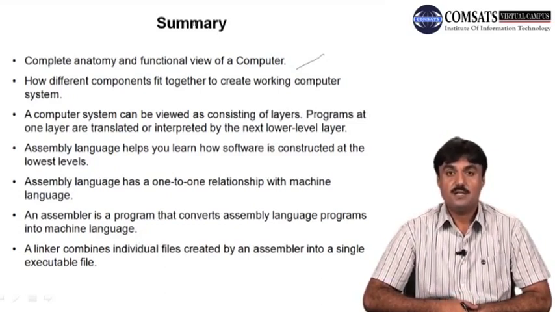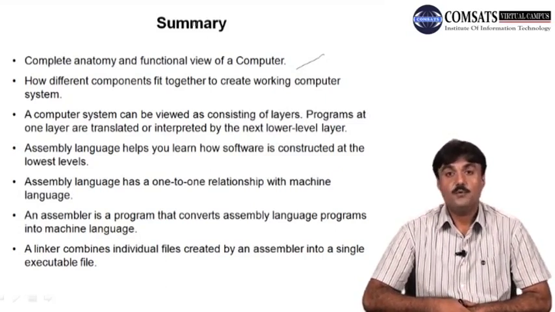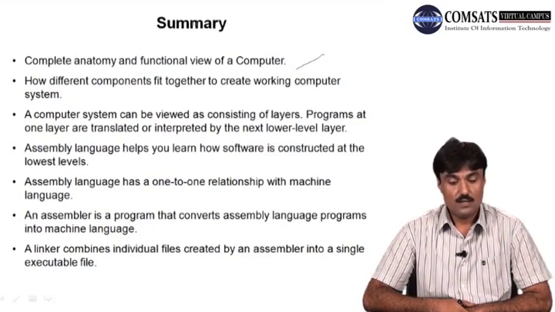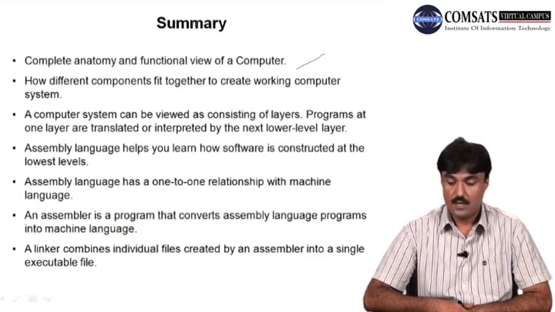The third thing we discussed is that a computer system can be viewed as a layered system, where the programs at one layer are translated, implemented, or interpreted by the next lower layer. We also learned about assembly language, which helps you learn how software is constructed at the lowest levels.